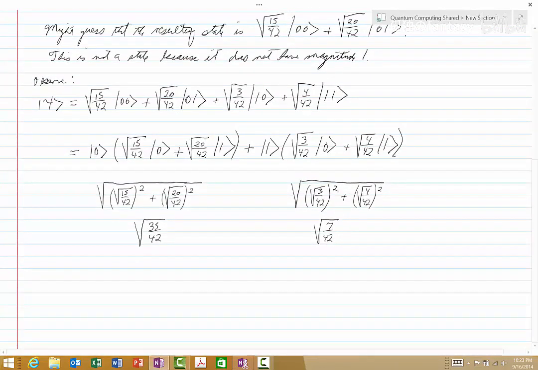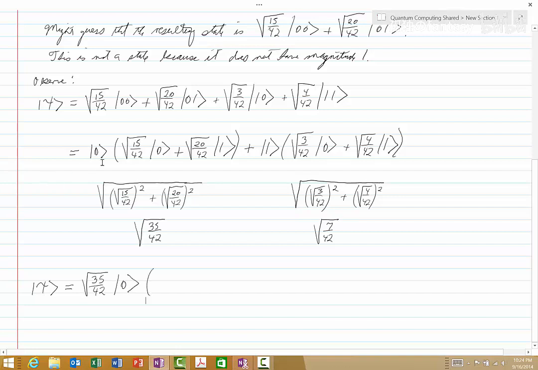Now, we don't want to change the identity of C. So if we divide this first term by this, then we must also multiply it by that. And similarly, if we divide this second term by this quantity, we must also multiply by that quantity. And so what we would get is the following. First, I'll multiply the first term by the square root of 35 over 42, so square root of 35 over 42 times |0⟩.